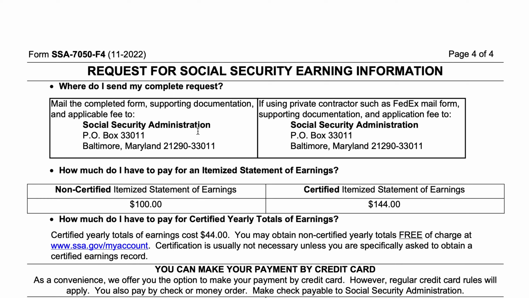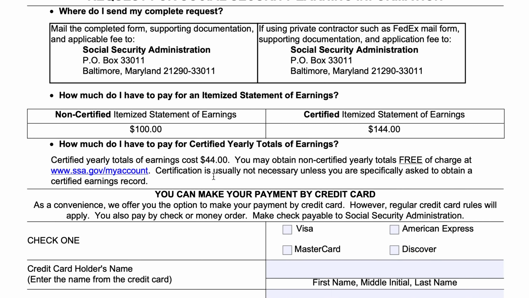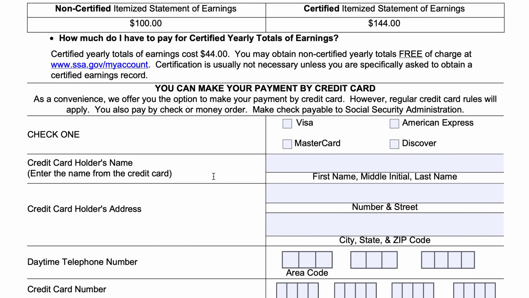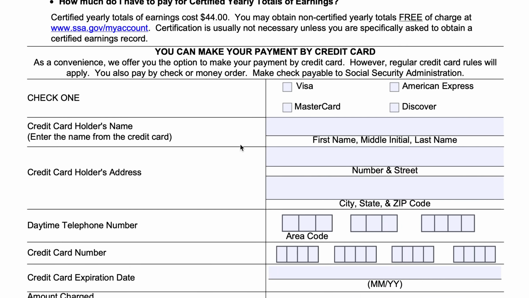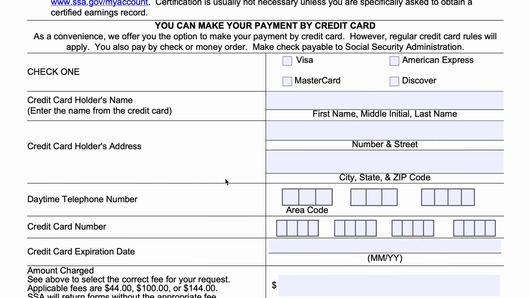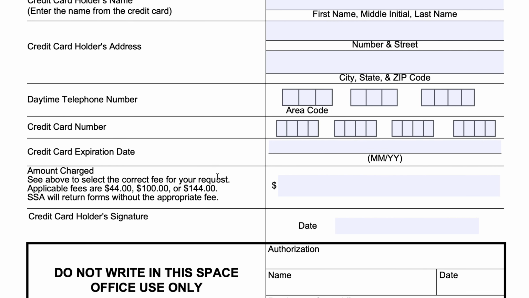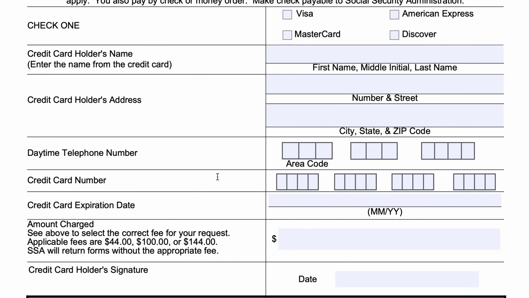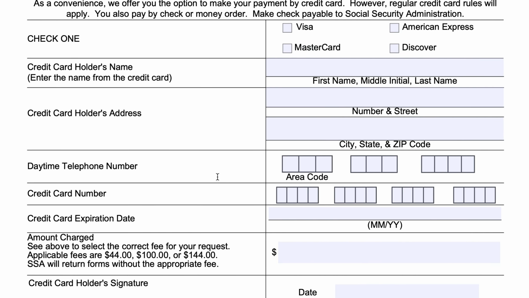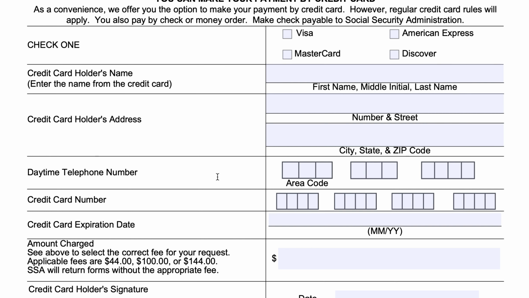It's an identical address to the mailing address. And then if you choose to pay by credit card, you can complete your credit card information here. If you choose to write a check, you should write a check payable to the Social Security Administration.